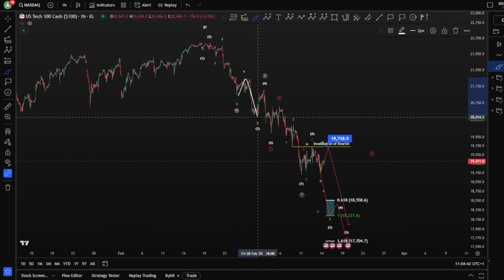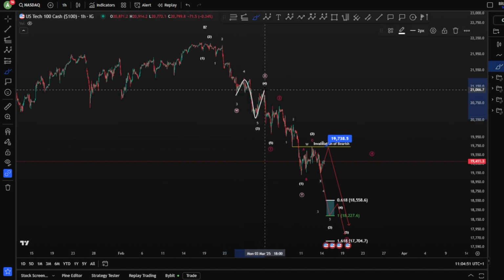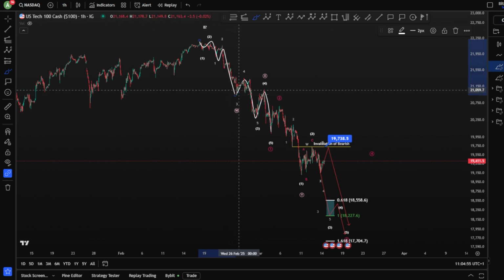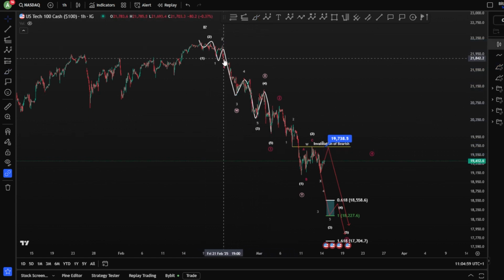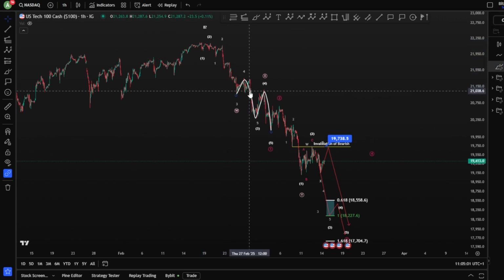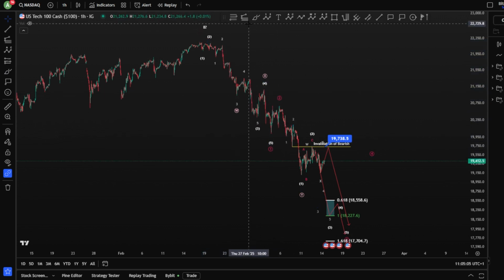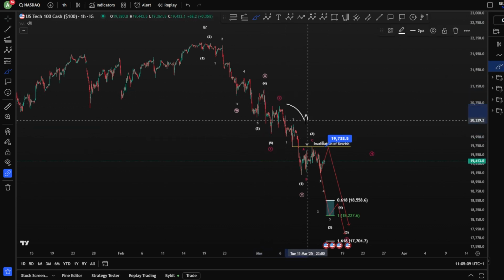Then 4 and a 5, finishing here potentially, and then 4 and a 5. You have double 1, 2, so 1, 2, 1, 2, 3, 4, 5, 4, 5. You finish your wave 1 here exactly at the magenta round label. And then we're moving ABC for a wave 2. A very shallow wave 2, as a signal of a massive drop.